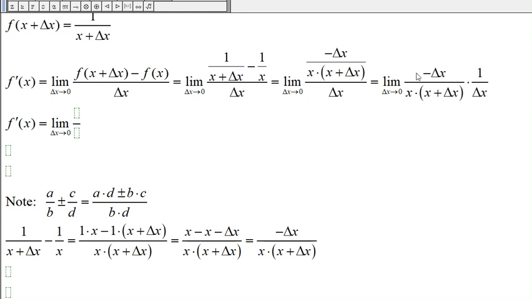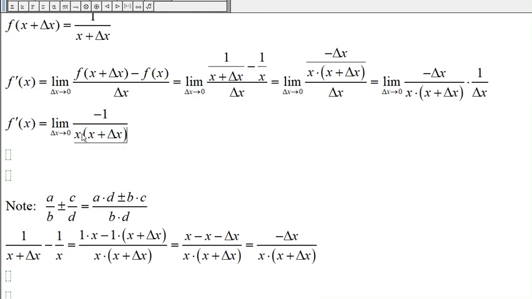So the top, this delta x and this delta x cancel out, and what's left is negative 1, and then the bottom is this. So in the bottom we have x times x plus delta x.